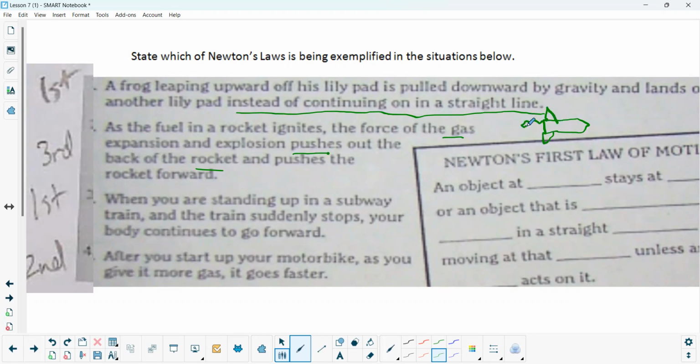And if you imagine this is the exhaust coming out the back, the rocket exhaust pushes the rocket forward. So the gas here, this red stuff that's like the fire shooting out the back, pushes the rocket forward, and the rocket pushes the fire back the other way. So that's the action pair. Again, back and forward would be my hint in this to make me think of the third one.